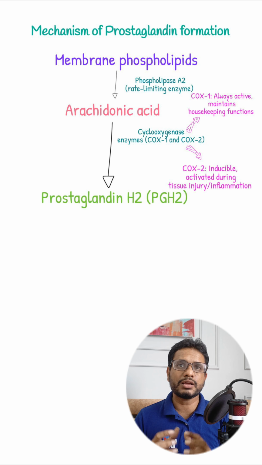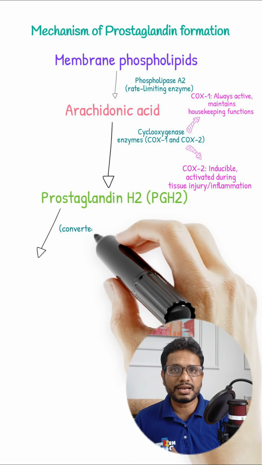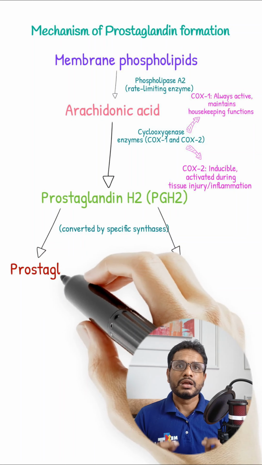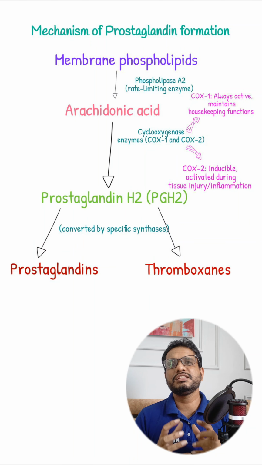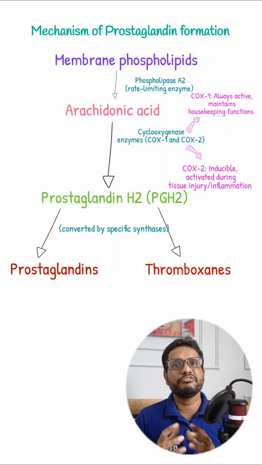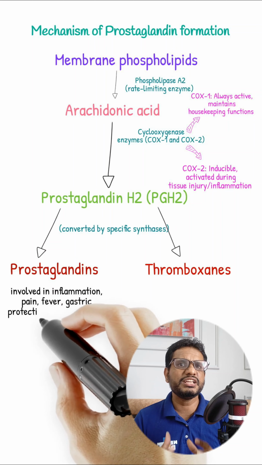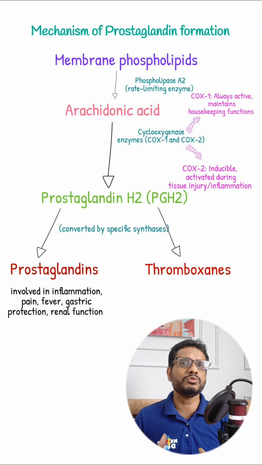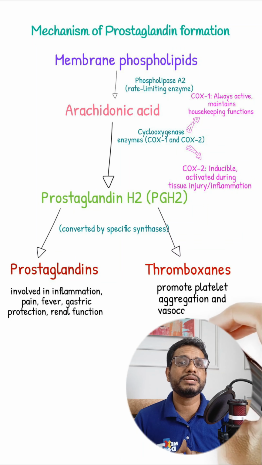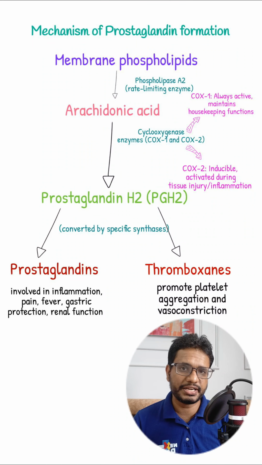Now this prostaglandin H2 is converted by specific enzymes into prostaglandins and thromboxanes. The prostaglandins involved in inflammation, pain, fever, gastric protection and renal function are all going to be affected, and we should be discussing their function individually.